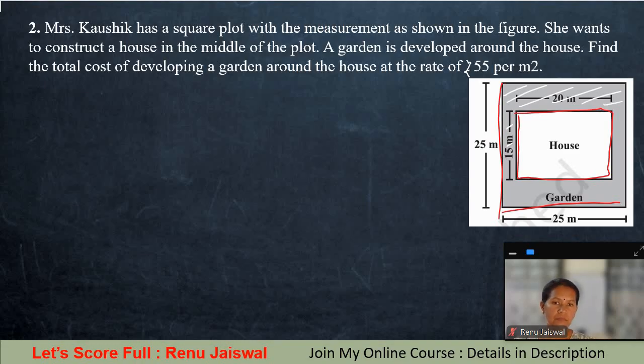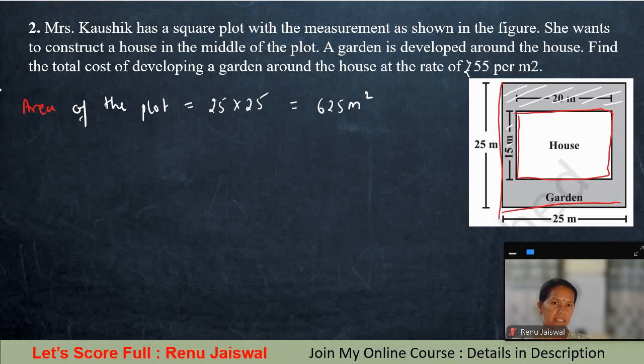So, let me change the color, we are calculating the plot area first. Area of the plot is equal to how much? 25 into 25. If you multiply, it is 625 meter square.